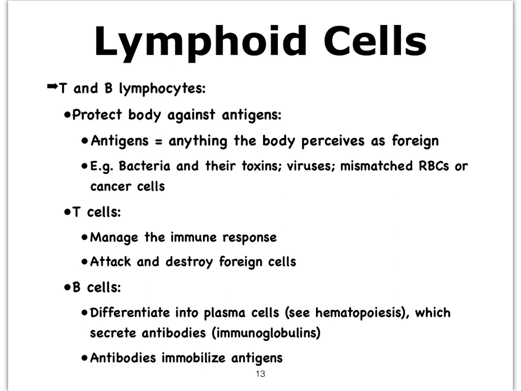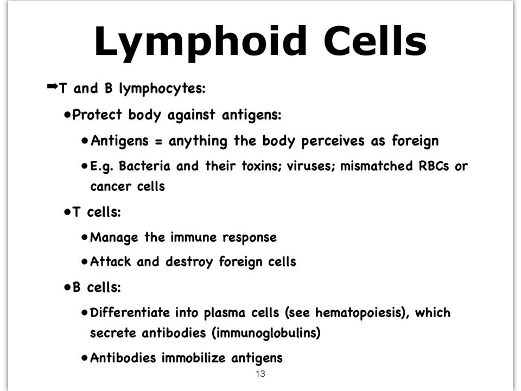So let's go over the various lymphoid cells that are found in the lymphoid tissue, starting with the lymphocytes. And remember, we have B lymphocytes and T lymphocytes, with the B lymphocytes being the ones that can further differentiate into plasma cells to make the immunoglobulins that we like to call antibodies, and then the antibodies can immobilize antigens.